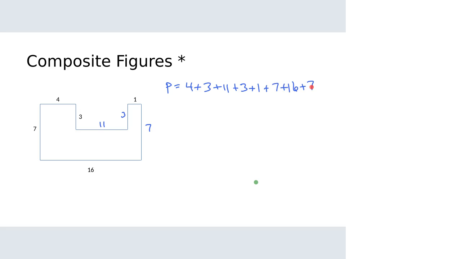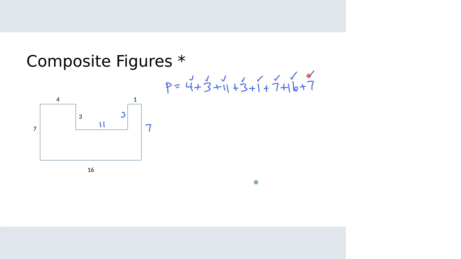With that many numbers, one thing that I'll do is I'll just take a minute and go 1, 2, 3, 4, 5, 6, 7, 8. So I better have 8 numbers in my calculation. 1, 2, 3, 4, 5, 6, 7, 8. Okay. It doesn't guarantee that I wrote down the right numbers, but at least I didn't miss any.